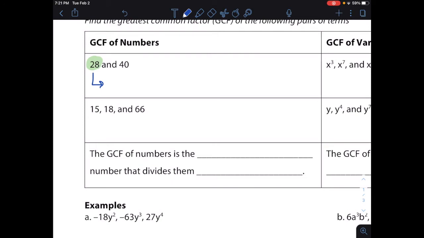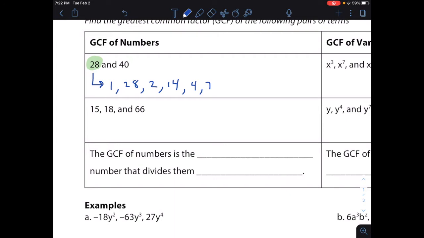I know that 1 times 28 is a way to make 28, so 1 and 28 are factors. Then 2 times 14, so 2 and 14 are factors. And 4 and 7 multiply together to equal 28, so 4 and 7 are factors.